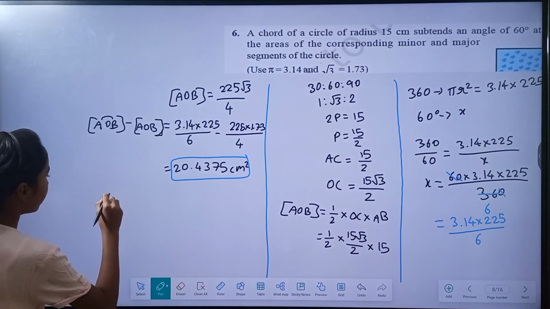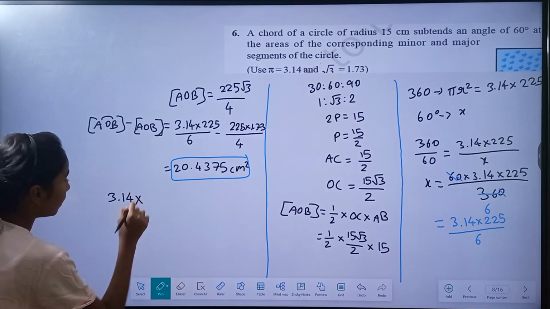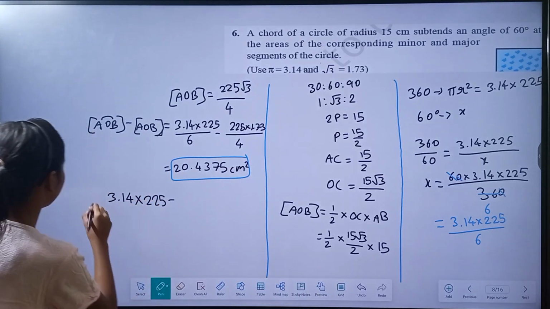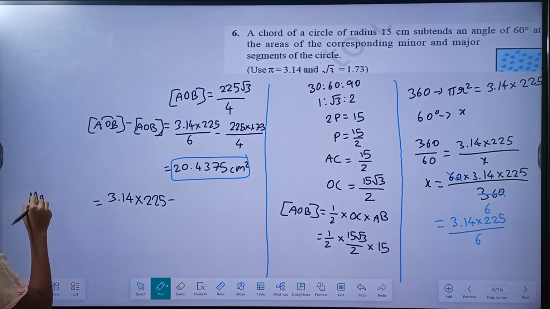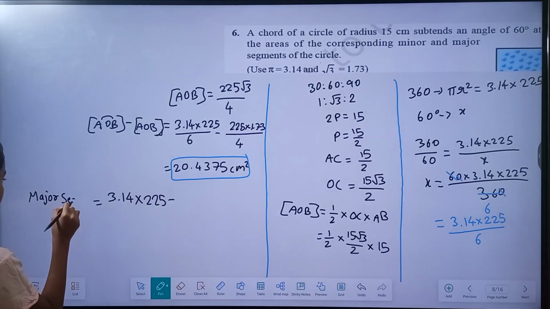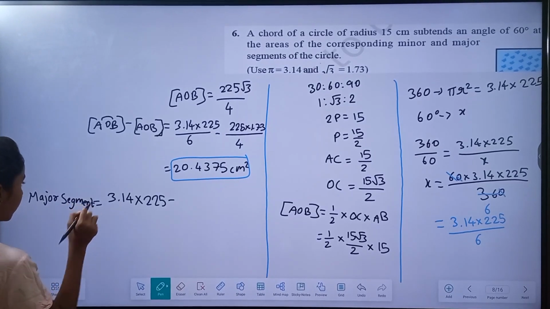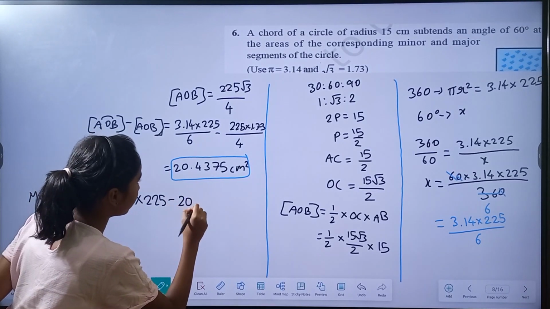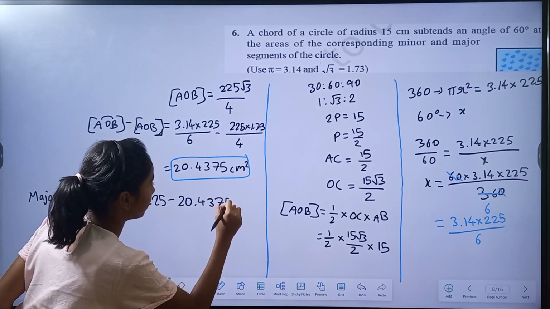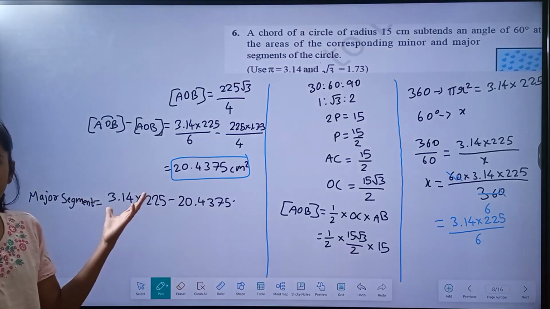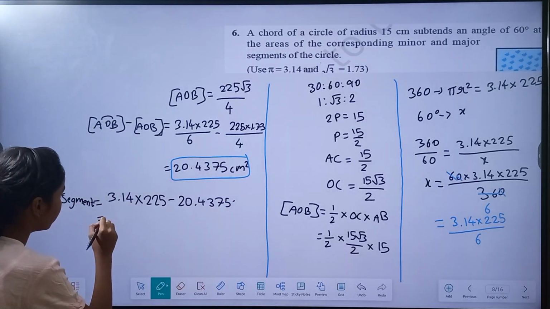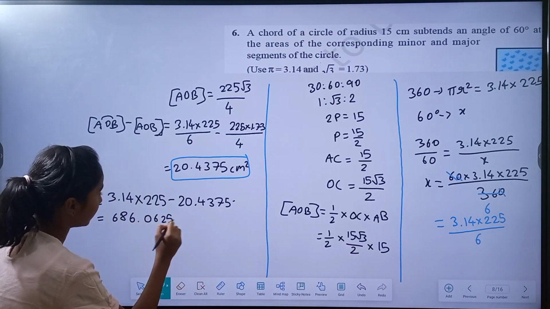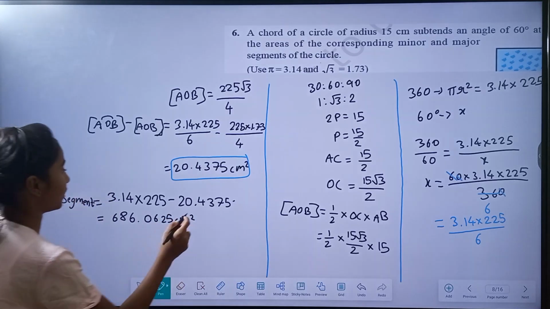So the major segment equals 3.14 into 225 minus 20.4375. This is the area of the major segment, equal to 686.0625 centimeter square.